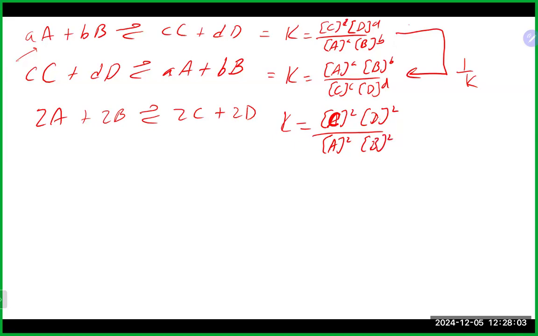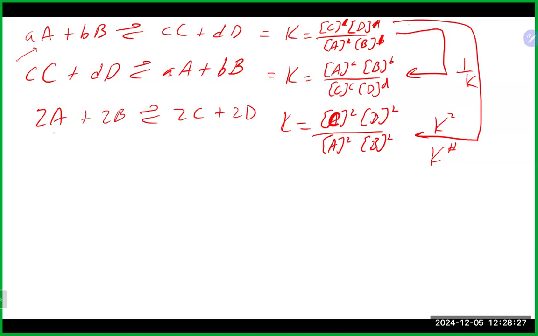If the coefficients were 1 for all of these, as we go from here to here, we actually squared K. So if you need to multiply by a common number, you take K to that common number. If you multiplied it by 3, you would cube the K value. If you multiplied by 4, you would take it to the 4th power.